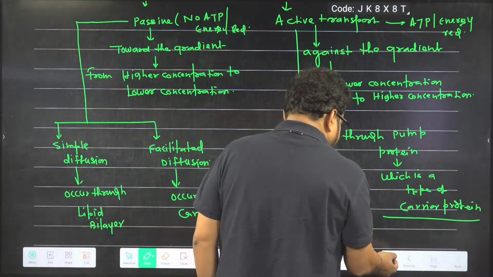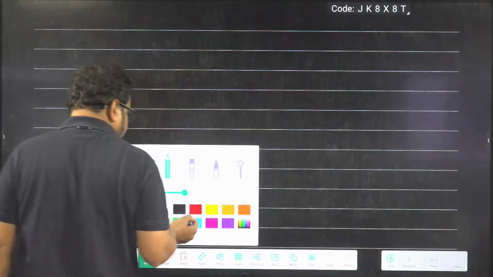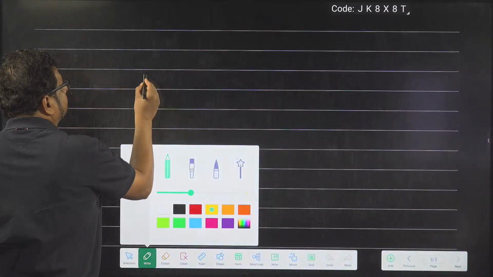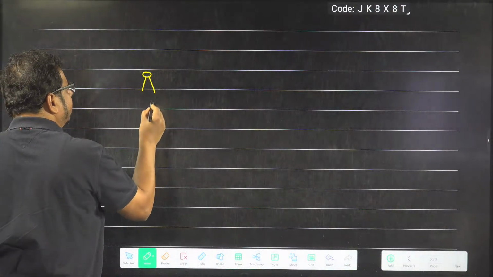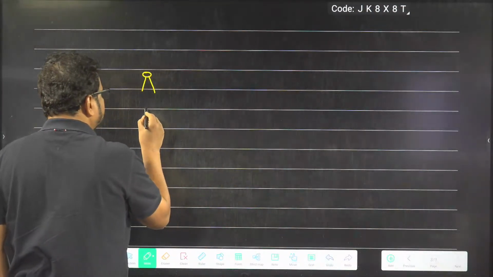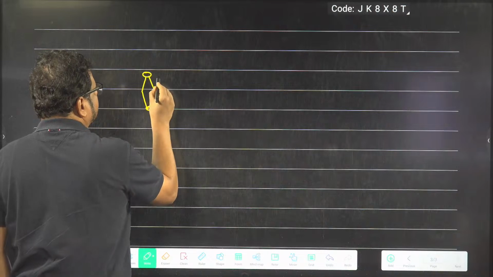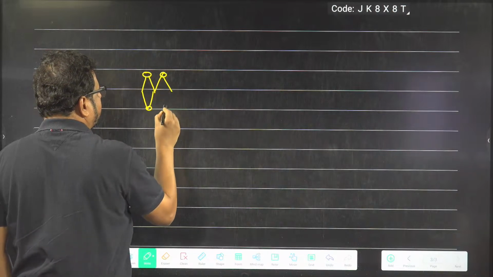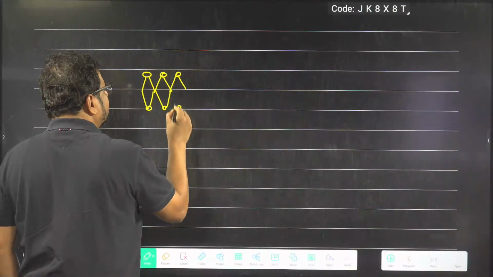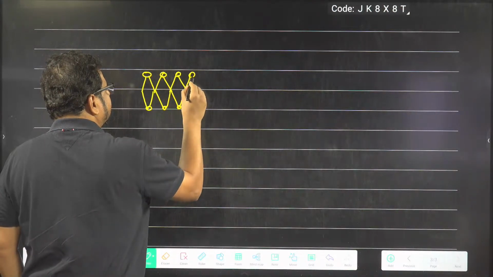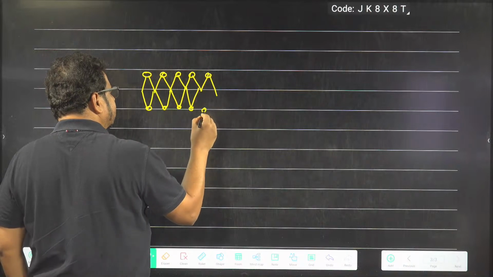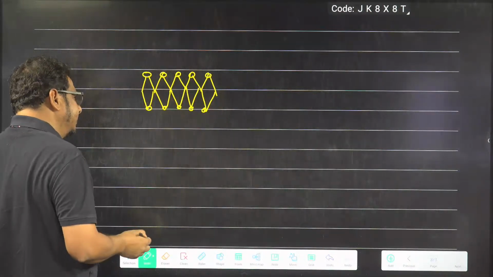Right, now we are moving ahead. See, this is the phospholipid bilayer. This phospholipid bilayer is behind the fluid nature of the plasma membrane. The plasma membrane has a quasi-fluid structure due to this phospholipid bilayer.